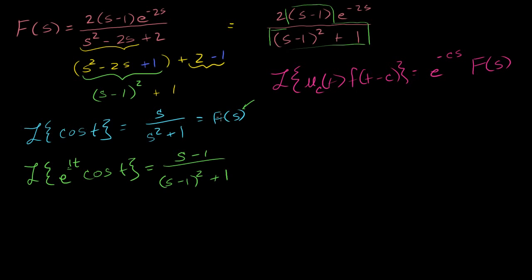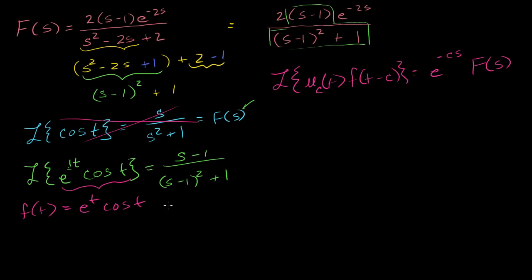Let's ignore all of this. I called this f of s before, but now I'm going to backtrack a little bit and redefine our f of s. Let's define our new f of t to be this. Let's say f of t is equal to e to the t cosine of t.